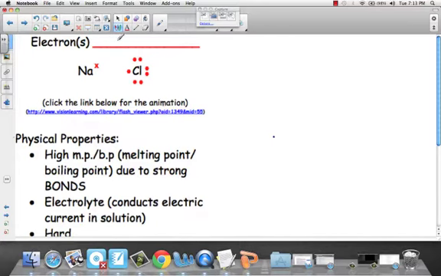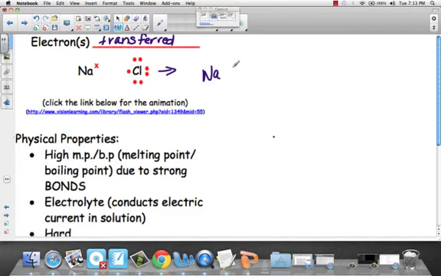This is ionic compounds. Electrons are transferred. Sorry about that. So in this case, we have sodium wanting to give up one, chlorine wanting to gain one. And when that happens, the element that is gaining electrons, I'm going to redraw it over here, gets brackets around it.